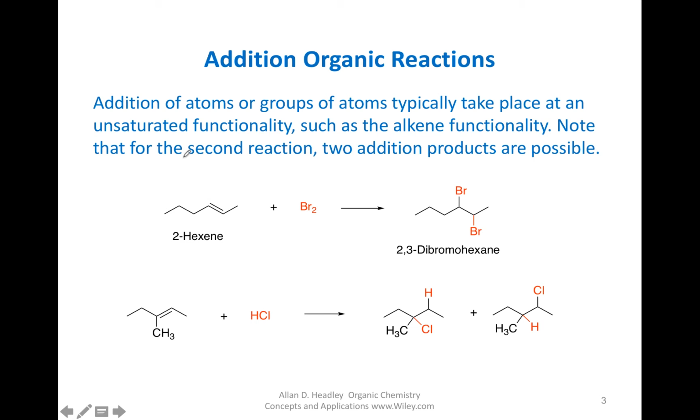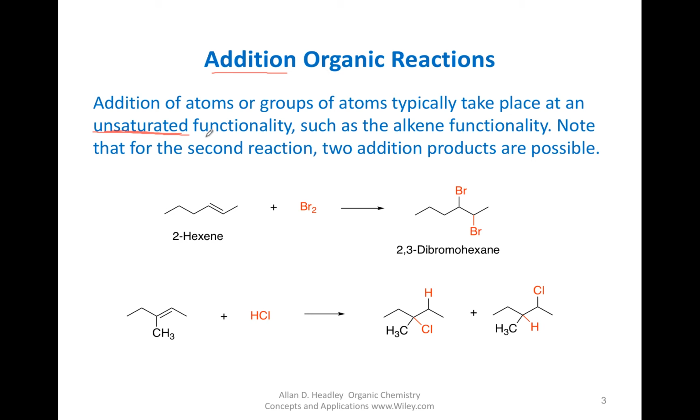Another type reaction is shown here, addition. As the name implies, it's the addition of atoms or groups of atoms to a molecule, typically to the unsaturated functionality. You may recall again that we emphasize, by definition, what is the functional group.